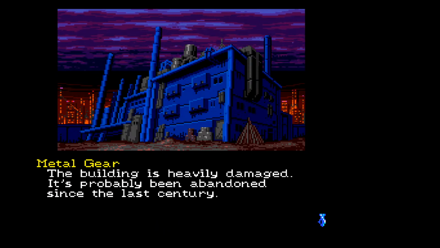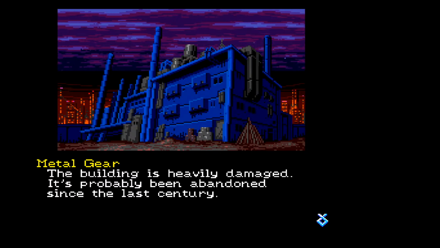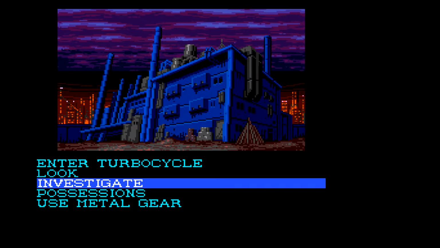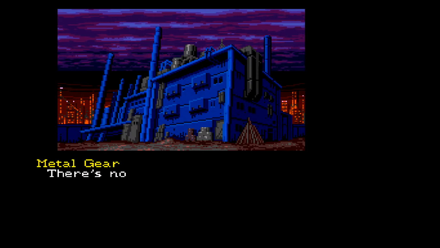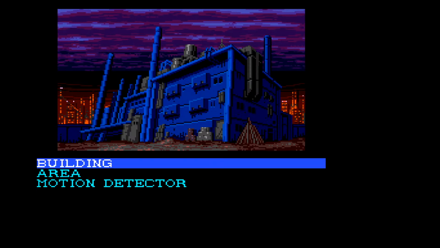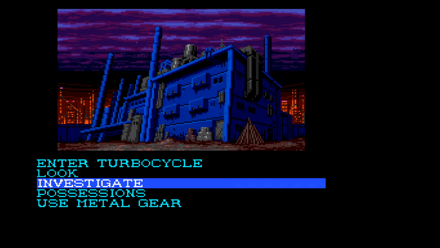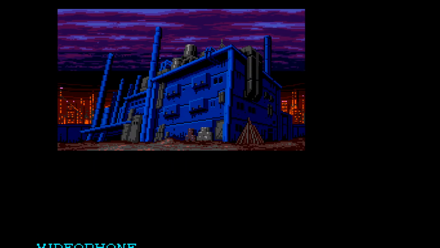The building is heavily damaged. It's probably been abandoned since the last century. There's no sign that anybody's around. I'm not going to bother doing the motion detector then. Let's go ahead and first we'll use the Metal Gear and save.